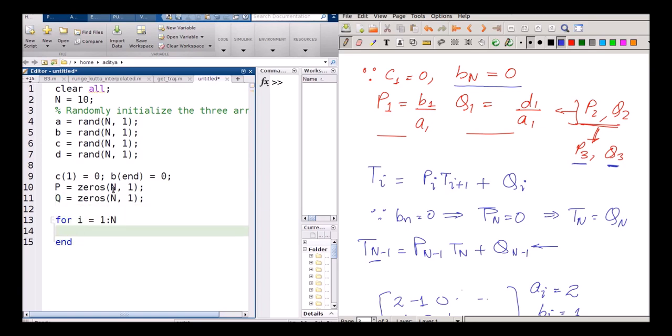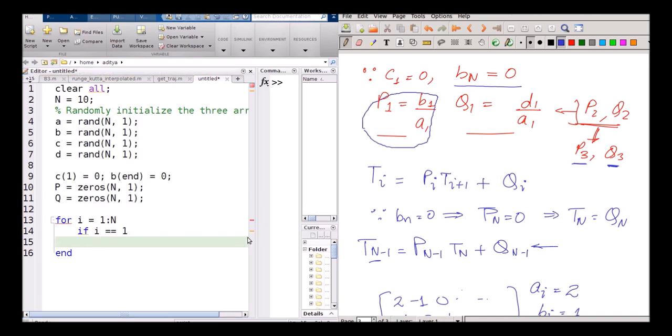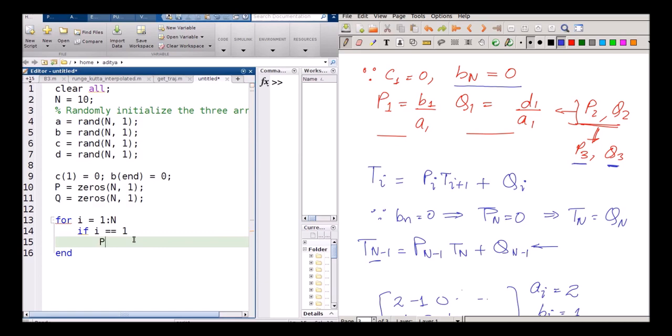So if I equal to 1, we have this particular relationship. P1, so Pi is equal to Bi divided by Ai, and we have Qi is equal to Di divided by Ai, and else.